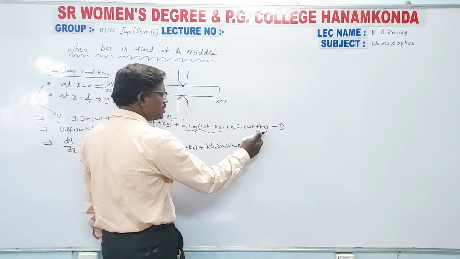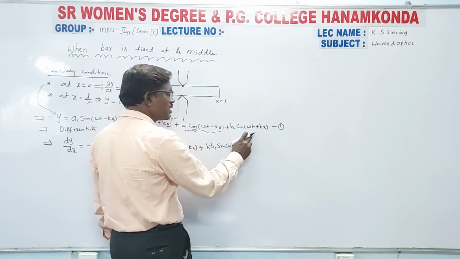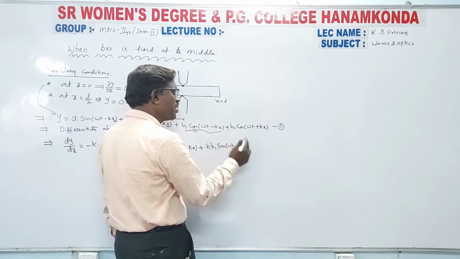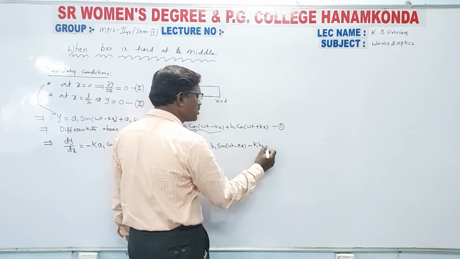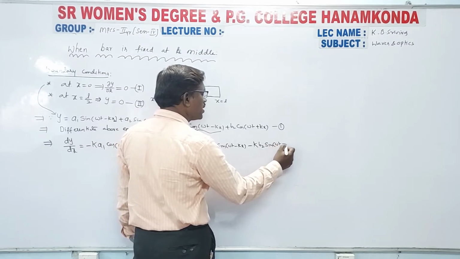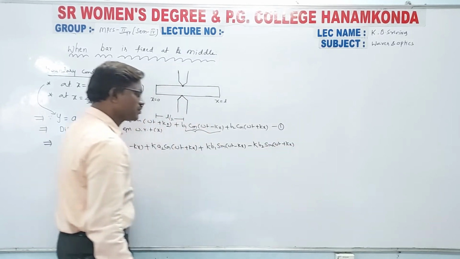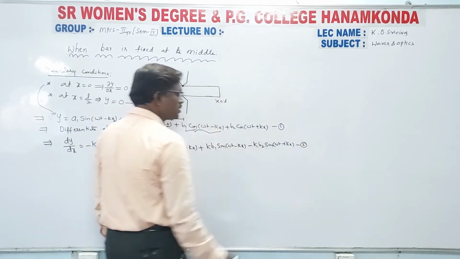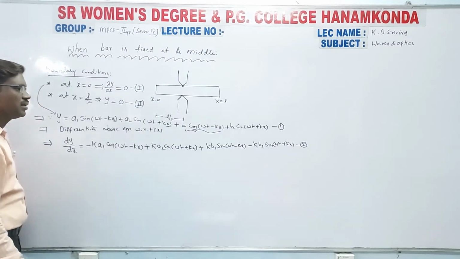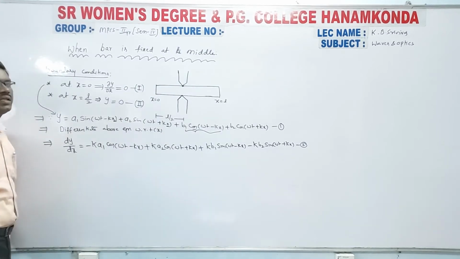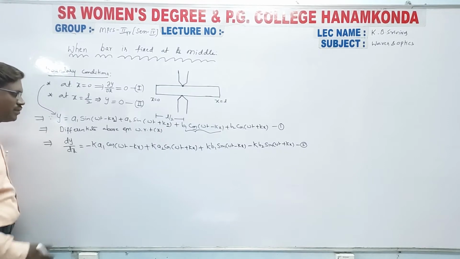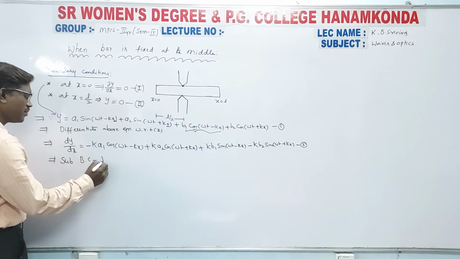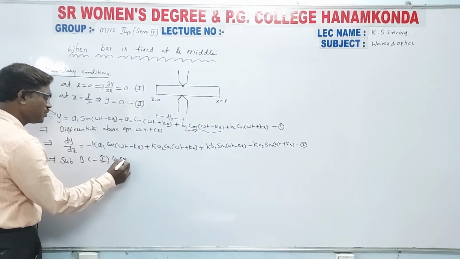Coming to the last term, k comes before the equation, and the differentiation of cos gives a minus sign, so the final term becomes minus k b2 sin(omega t plus kx). Let this be equation number 2. To substitute boundary condition 1 in equation 2, you will get a relation between a1, a2 and b1, b2. Simply I am substituting boundary condition 1 in equation 2.